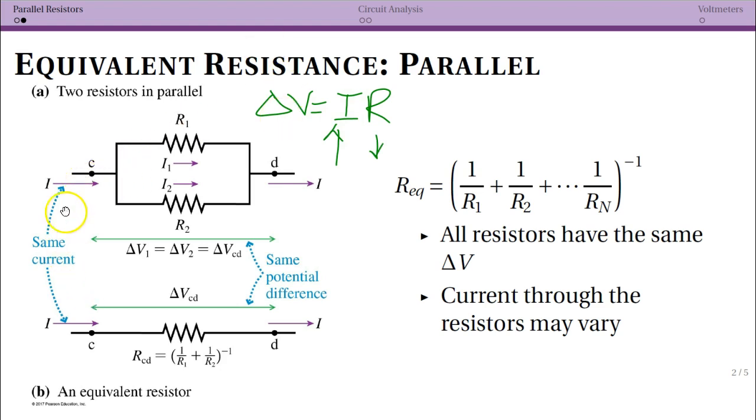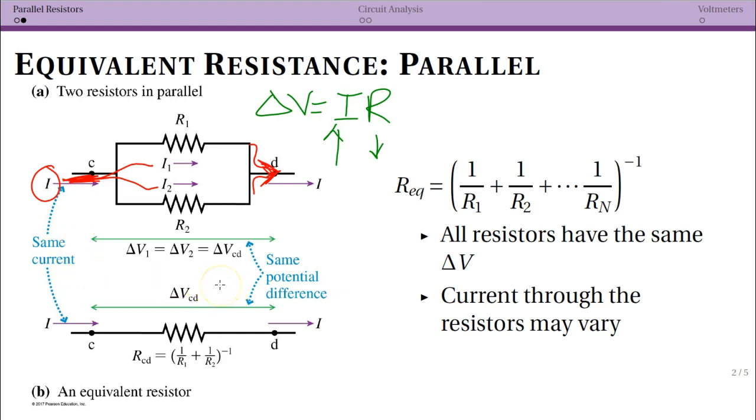And remember from Kirchhoff's junction rule that whatever this current is basically splitting, and so you have to sum up I1 and I2 to equal the current that you get at the ends of these junctions. So keep that in mind.